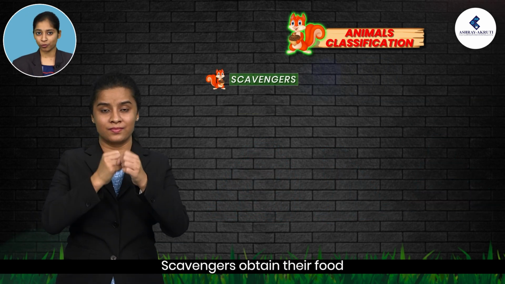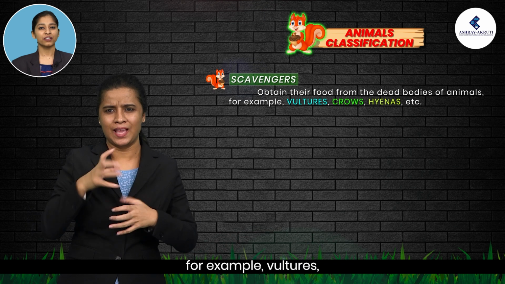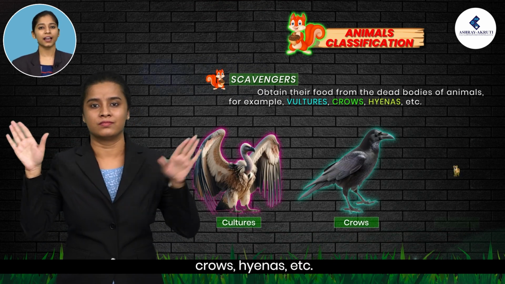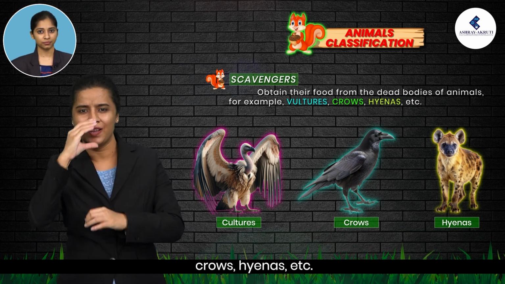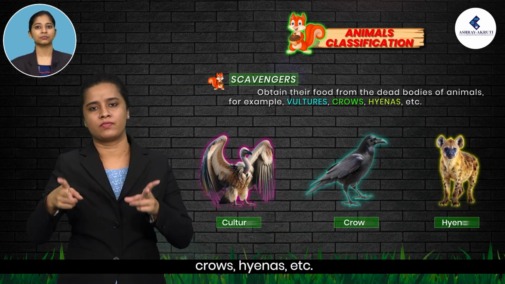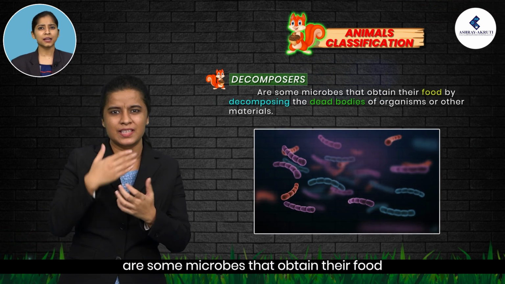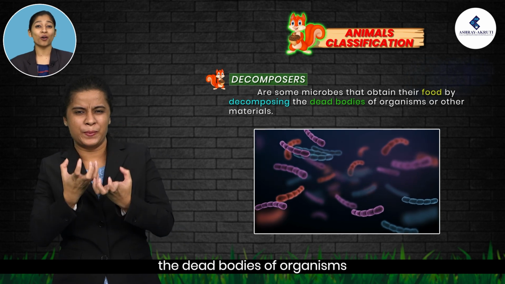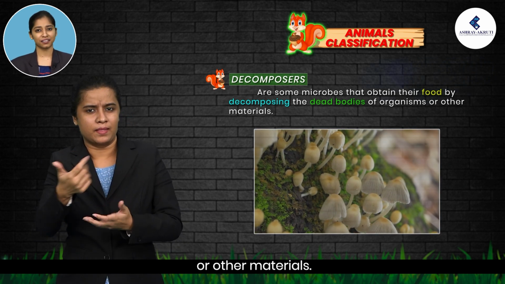Scavengers obtain their food from the dead bodies of animals. For example, vultures, crows, hyenas, etc. Decomposers are some microbes that obtain their food by decomposing the dead bodies of organisms or other materials.